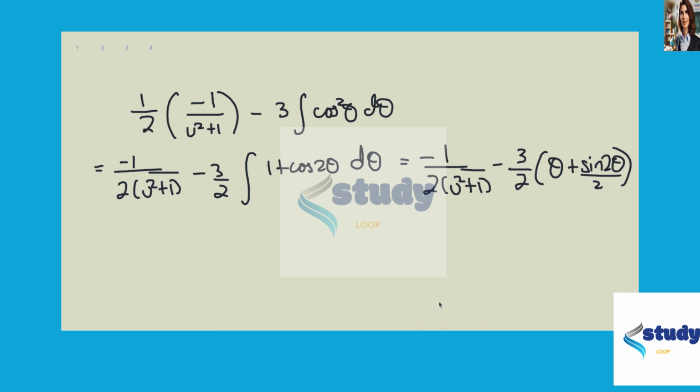Okay, a few more steps here. This we can use the double angle formula to write as sine cosine times 2. Cancel those 2's.